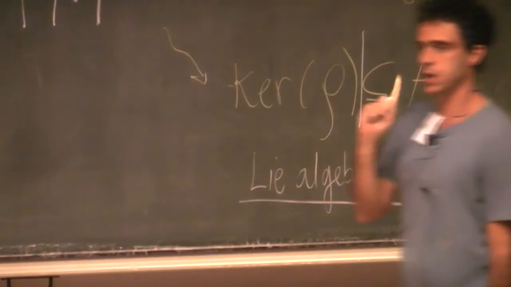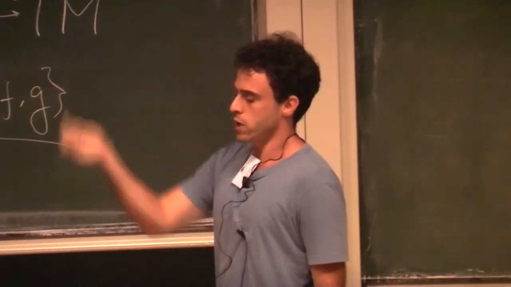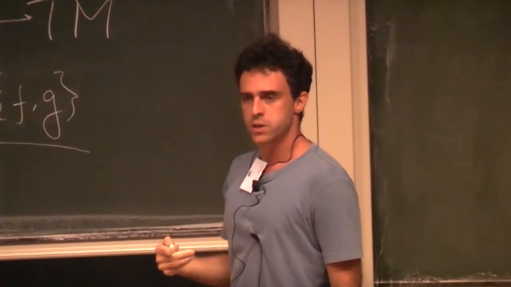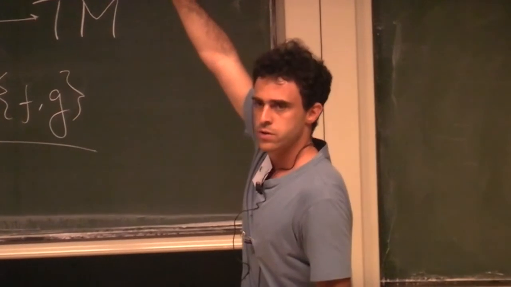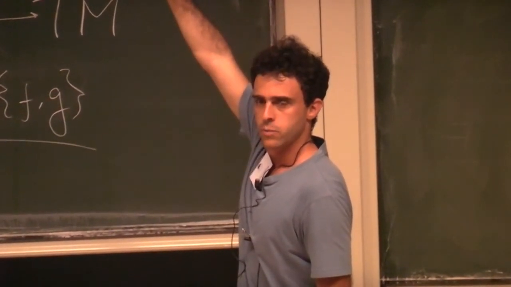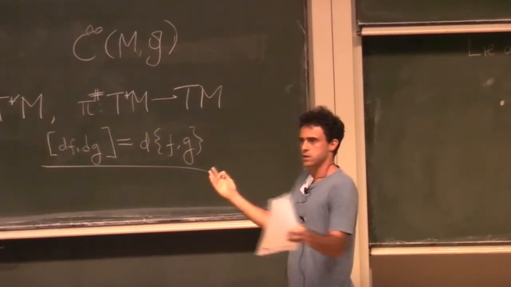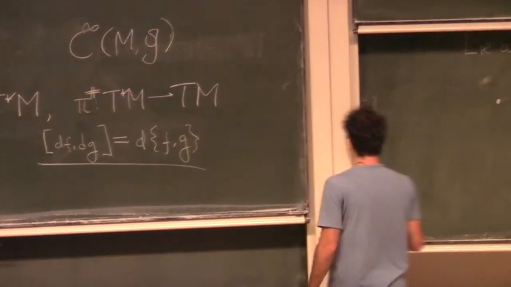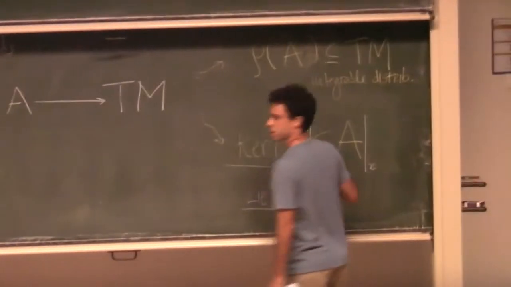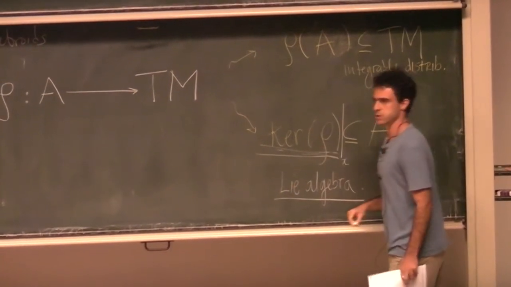It's not true, and this is something that people get confused about sometimes, that for a Lie algebroid, if you just pick a point and look at A over that point, this is a Lie algebra. I mean, this would be the case if you could take the function out. But because you have the Leibniz rule, it's not true that this Lie bracket localizes on fibers. But it does if you are on the kernel of this map. So that's where this Lie algebra structure is coming from.